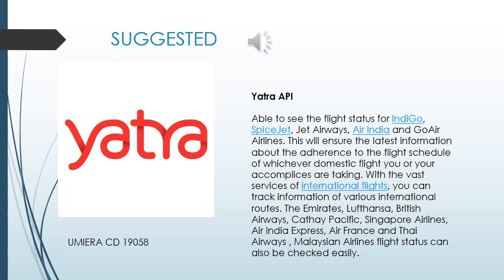With the vast service of international flights, you can track information of various international routes: Emirates, Lufthansa, British Airways, Cathay Pacific, Singapore Airlines, Air India Express, Air France, and Thai Airways. Malaysia Airlines flight status can also be checked easily.